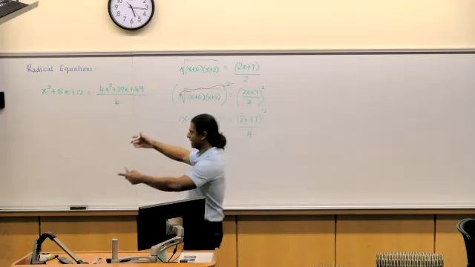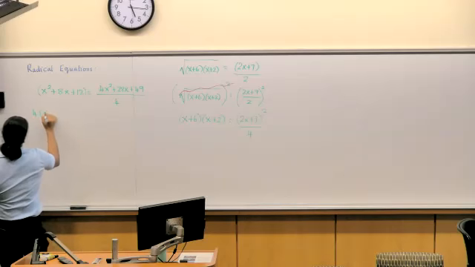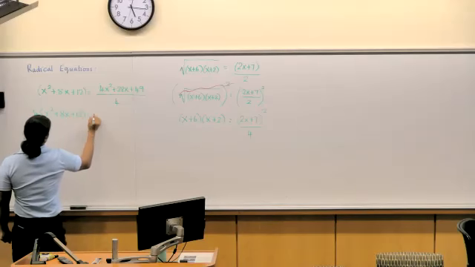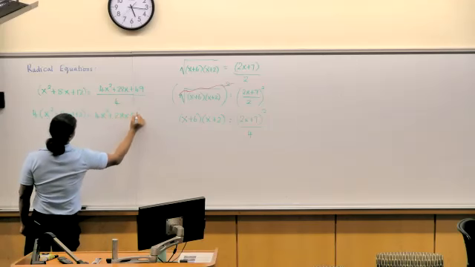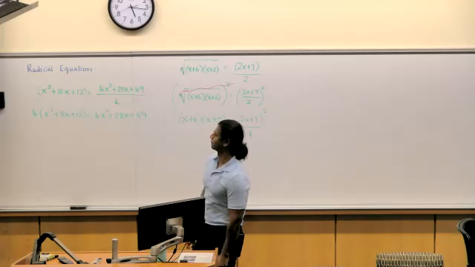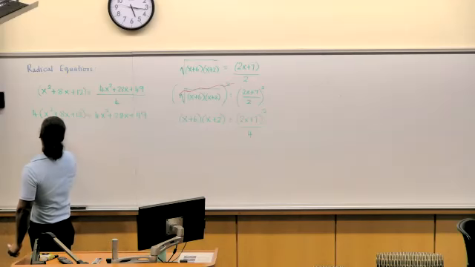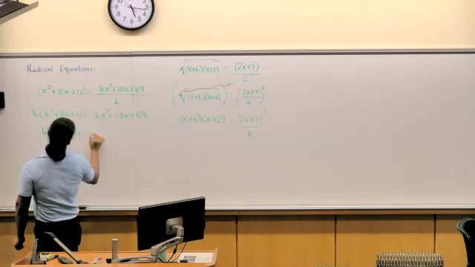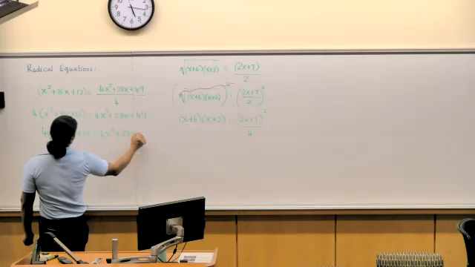Just like we did earlier, multiply both sides by 4. Good. Distribute the 4, you will get 4x squared plus 8x plus 12 equals 4x squared plus 28x plus 49.